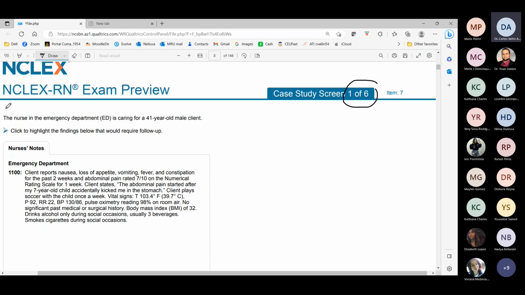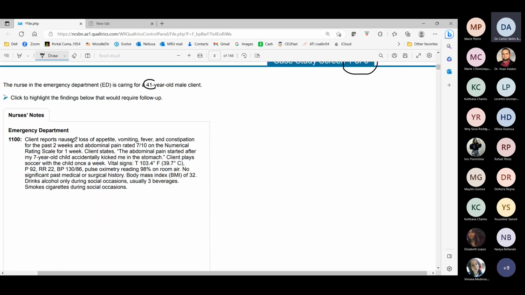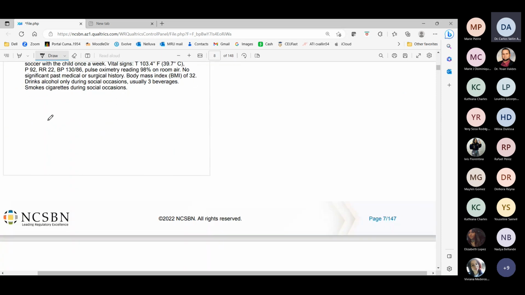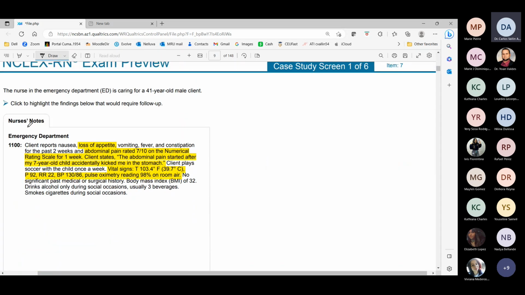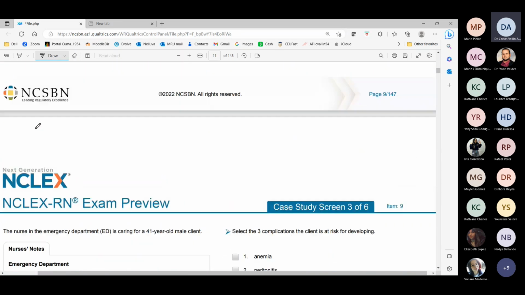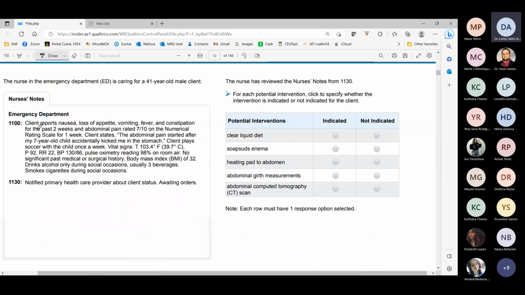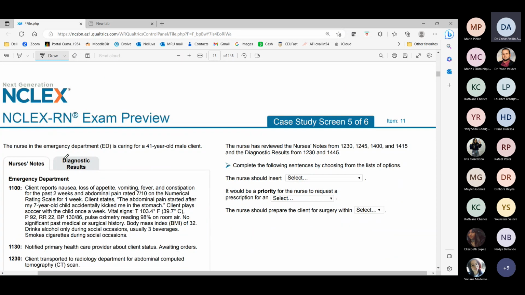So let's start. A nurse note. Okay, the nurse in the ER is caring for a 41-year-old male client. I think that some of you practiced this question with me previously, but let's do that again. And first I have the nurse note. You have everything available, the nurse note, and then the diagnostic result.